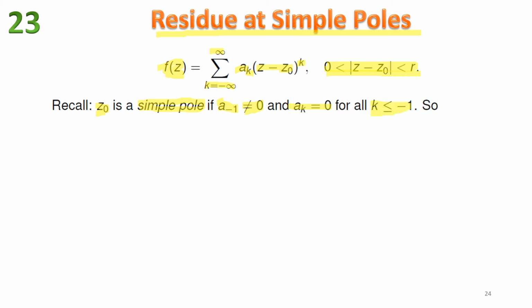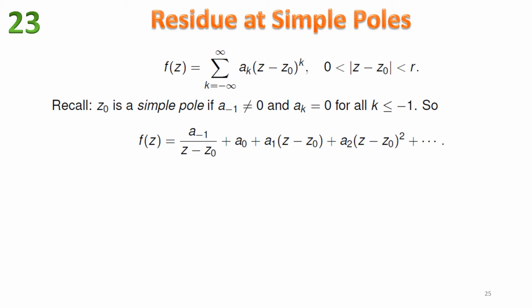So how does the series look? The series looks like this. A minus 1 upon z minus z0 is the only negative term present in the simple pole. And here we have great interest in finding this. This is non-zero this time, and the residue exists.